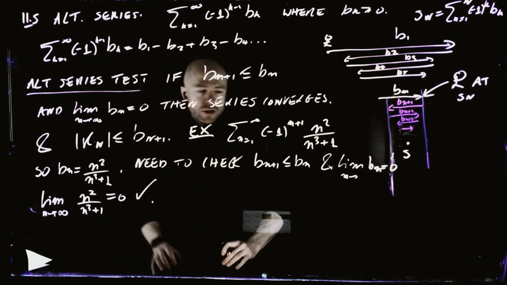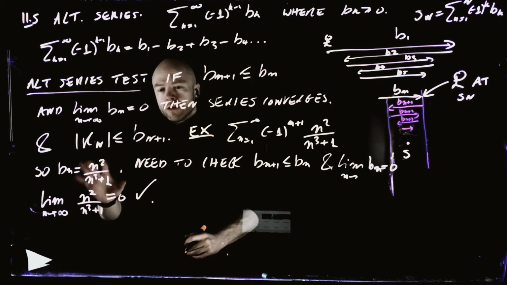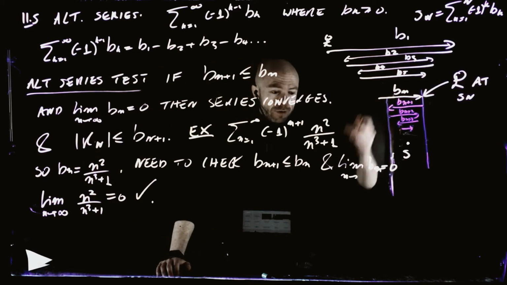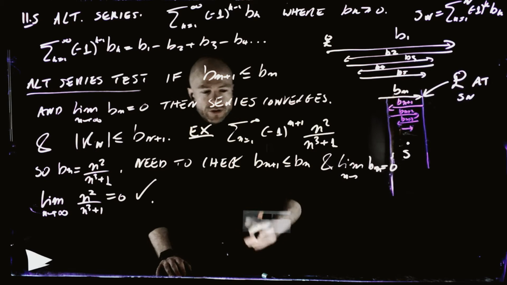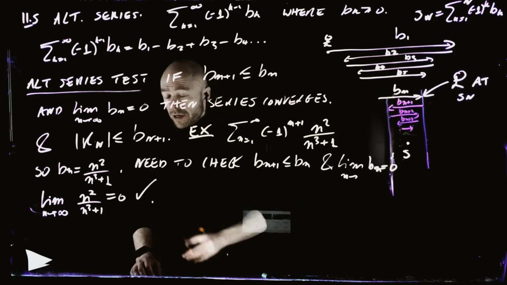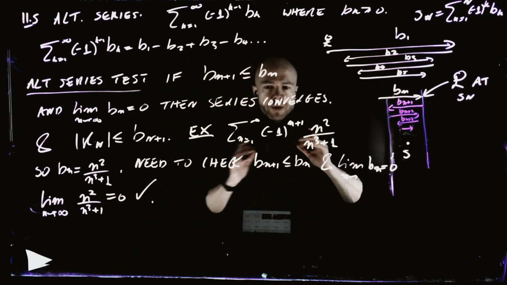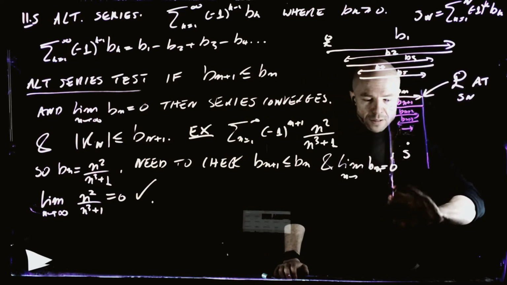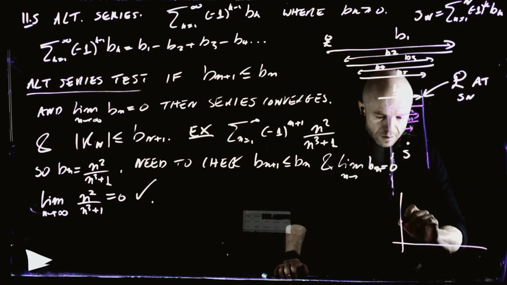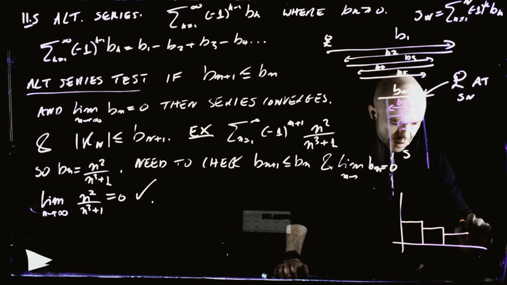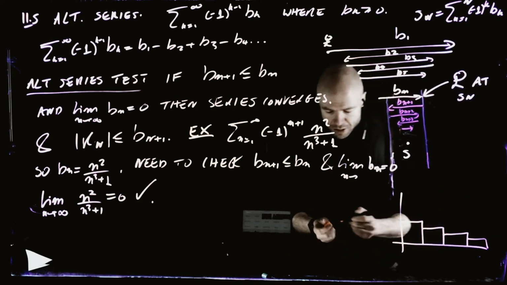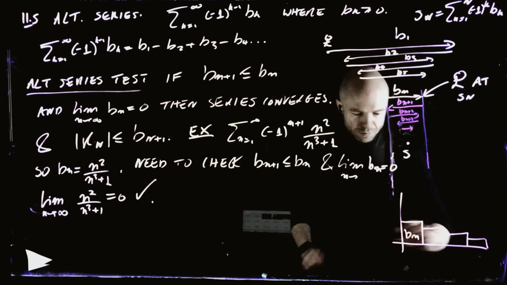Try this if you don't believe me. You can do it, but it'll take you at least a page and a half of careful estimates. The smarter way is to use the power of our tools from calculus, because we know how to recover this sequence with a function, right? So this is our bn.